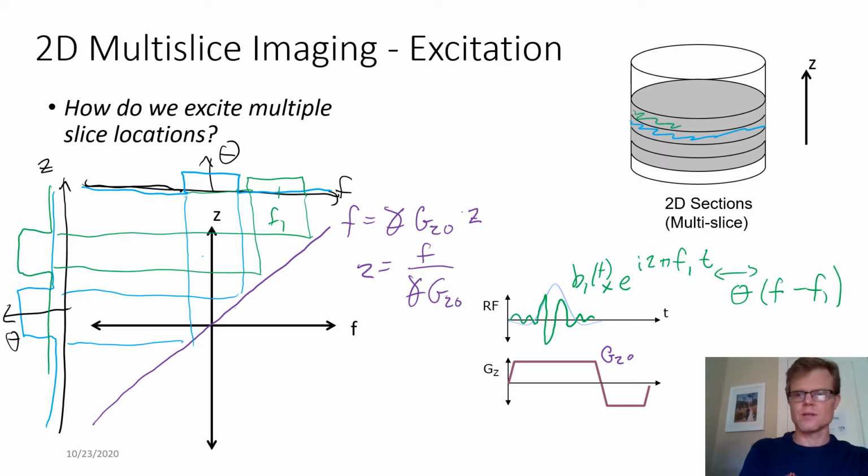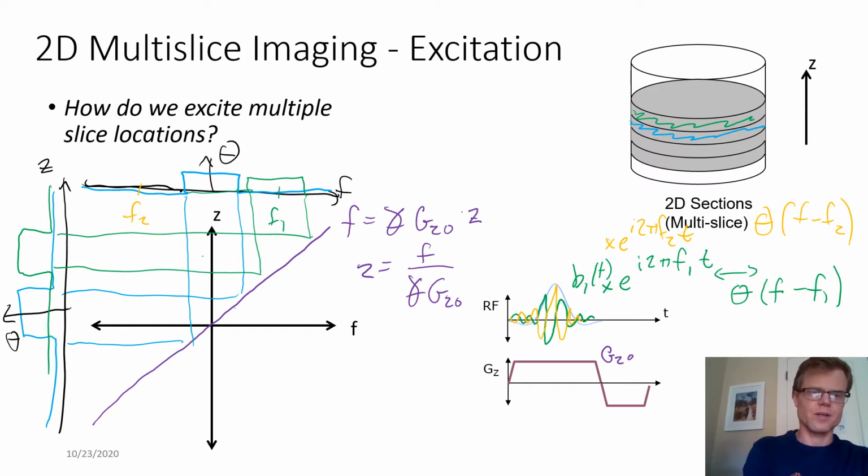So we could do this to excite an adjacent slice, and so on. We could multiply by a different offset frequency f2, which would lead to a shift of the slice profile to some different frequency location.